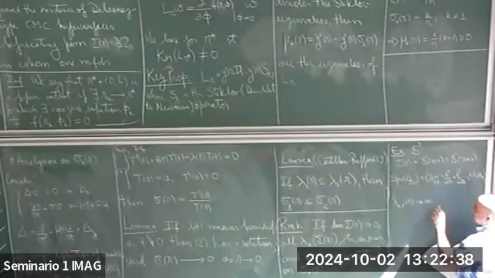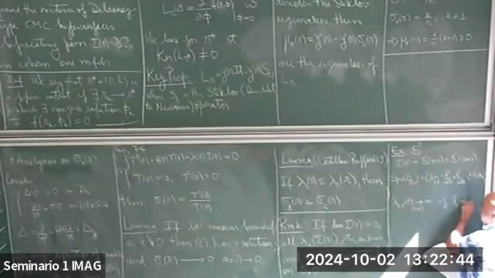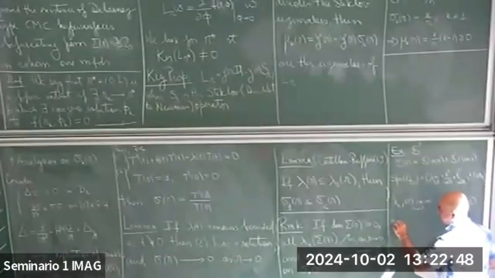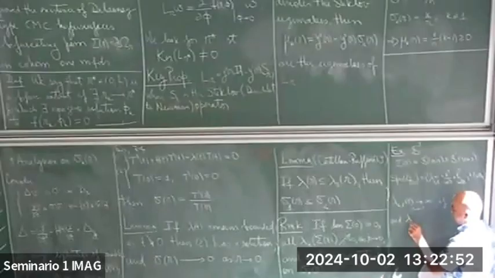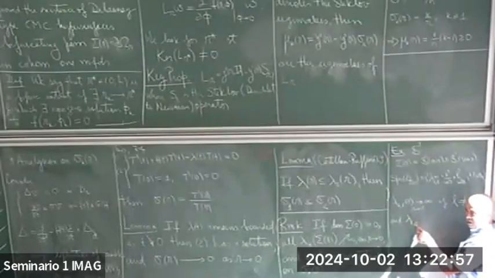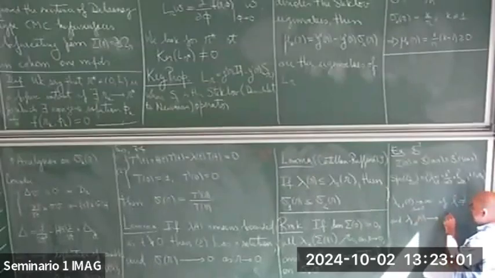As r goes to 0, if l is non-zero. But if L is 0, they converge; this goes to k squared.